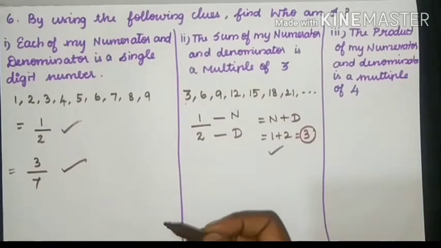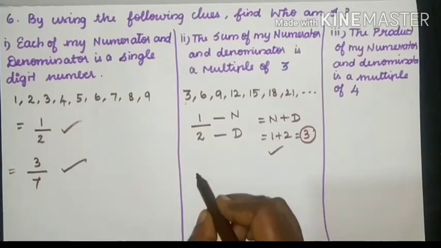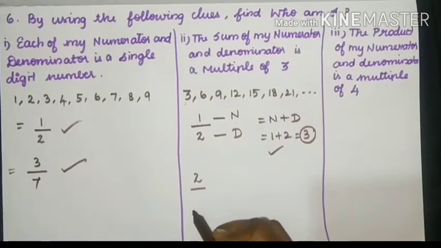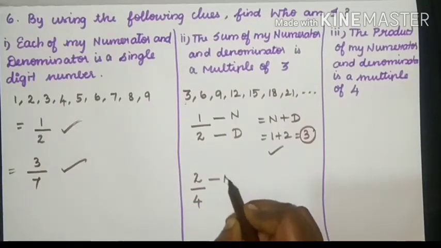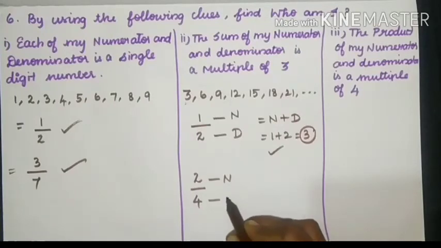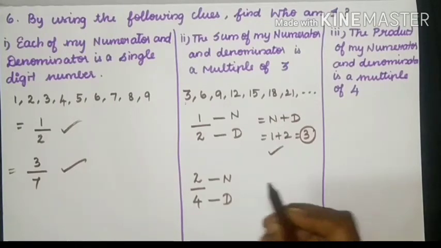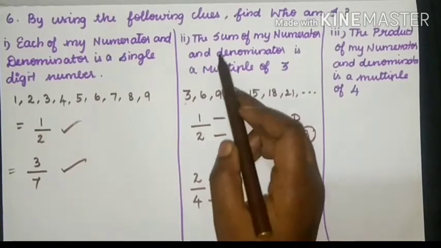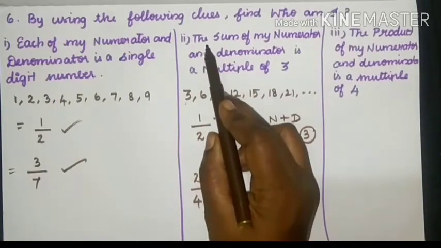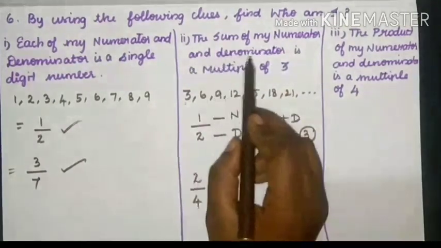Let's see one more example. If you take the numerator value as 2 and the denominator value as 4, by the given clue you have to add the numerator and denominator.